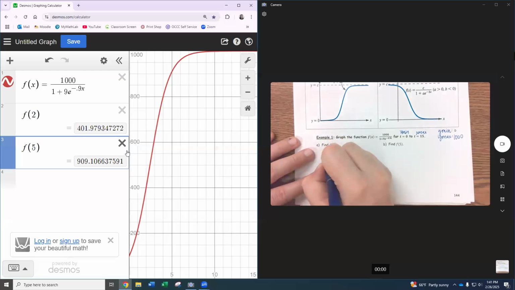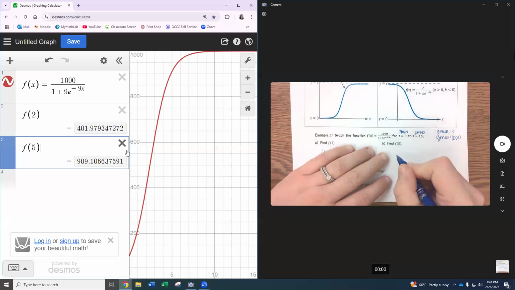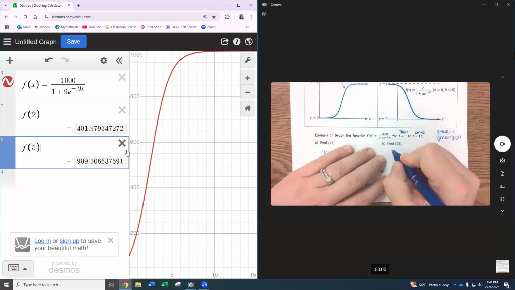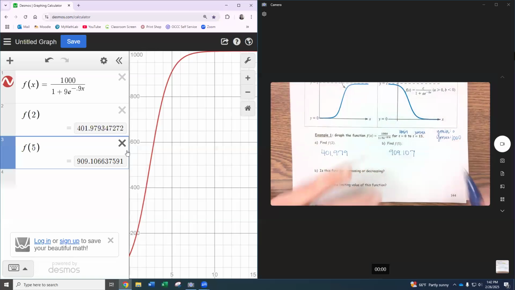This is 402.197, or if we went to 1 or 2 decimals, that'd be 402.2. And then this one, if we go to the same 3 decimals, would be 909.107.